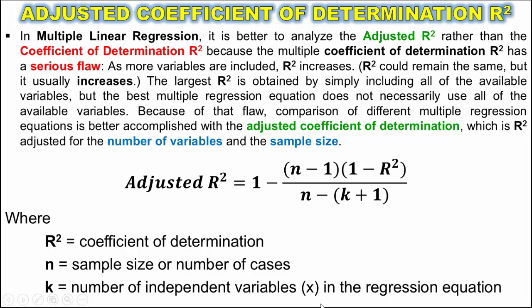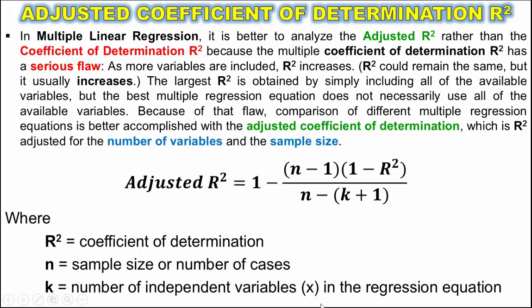Because of that flaw, comparison of different multiple regression equations is better accomplished with the adjusted coefficient of determination, which is R squared, adjusted for the number of variables and the sample size.